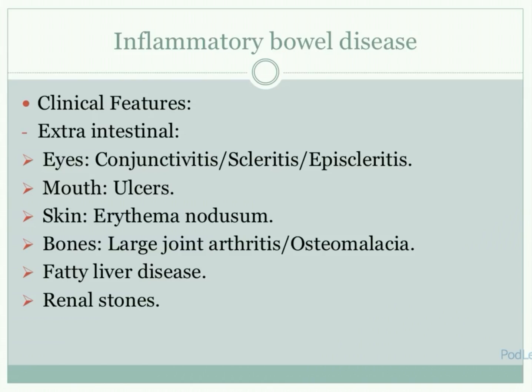You can get ulcers in the mouth and erythema nodosum, which are painful purple patches which tend to occur on the shins. You can also get large joint arthritis and osteomalacia, and fatty liver disease and renal stones are also common in Crohn's patients.